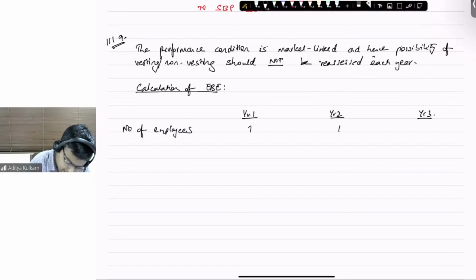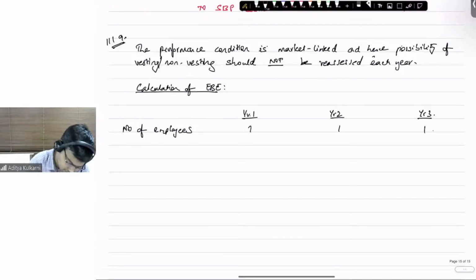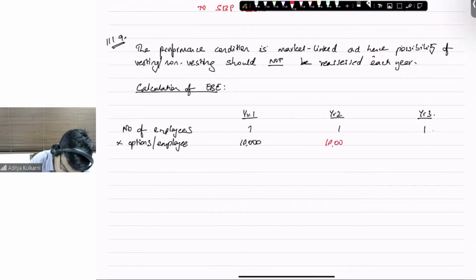Just one, that manager or director, that director. So 1 multiplied by options per employee. So this is 10,000. This remains 10,000. It has gone below 10,000, but no, we will not consider that. Into fair value.